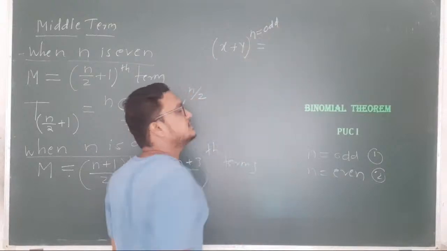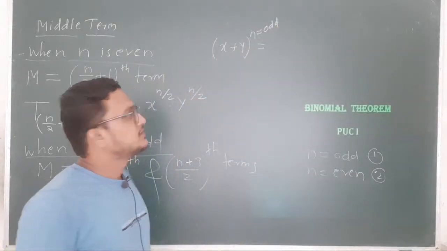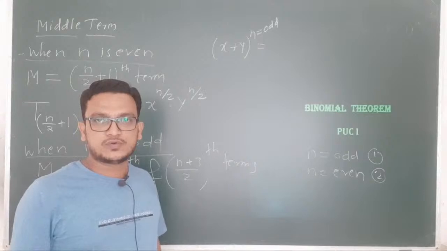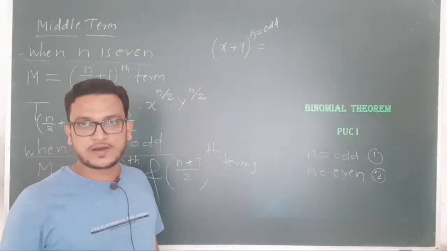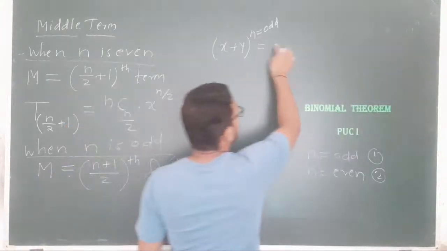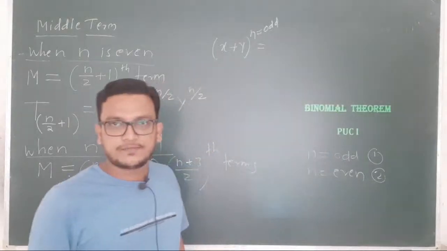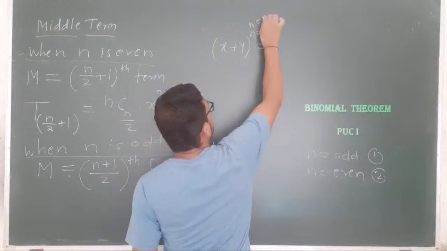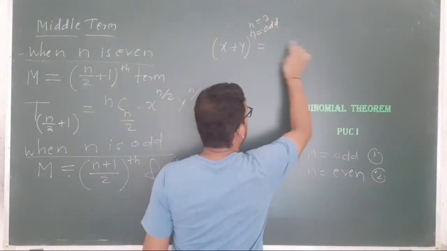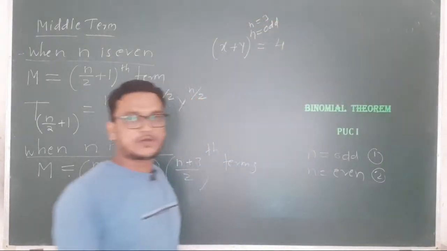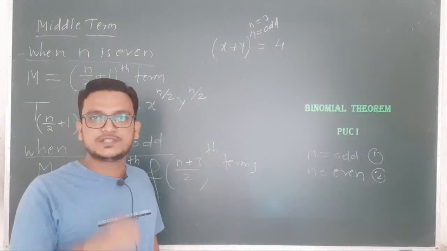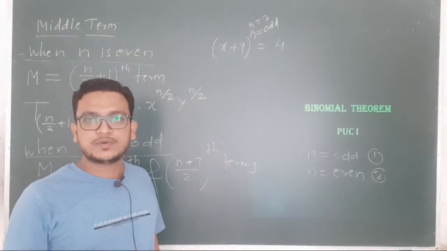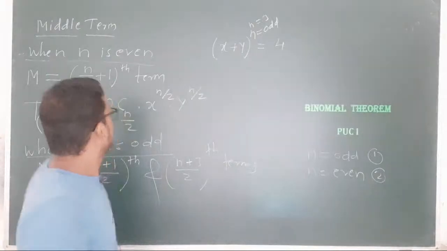Suppose n is 3, n is 5, n is 7. When that n is an odd power, you will get one extra in that. One extra in that means what? Suppose here n is 3, then the number of terms is 4. Number of terms is 4, means it becomes even or no? It becomes even, correct?